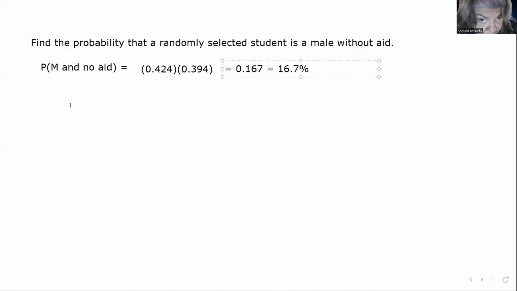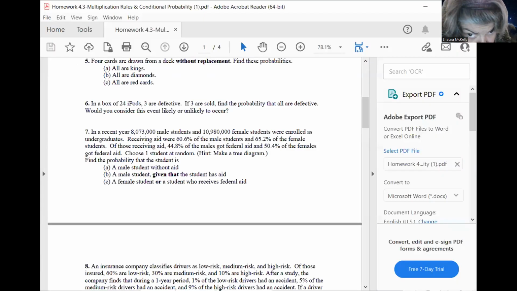Okay, that's part A. Pretty straightforward, male, no aid. Okay, let's look at part B. This is something that is new in this section. Part B is a male student given that the student has aid.